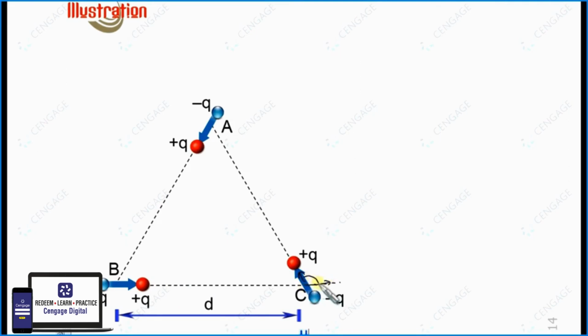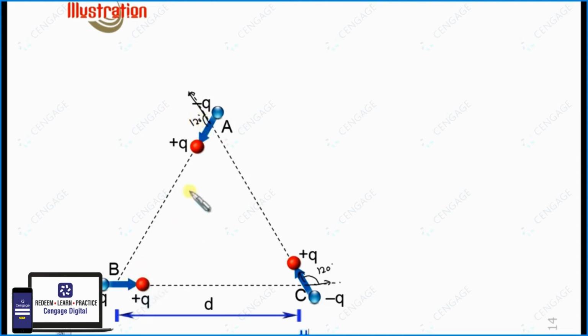That means the angle between the dipole moment and electric field is 120 degrees. Similarly, if we prolong this line, the electric field vector because of this dipole will be in this direction, and the dipole moment is in this direction. That means this angle is again 120 degrees.